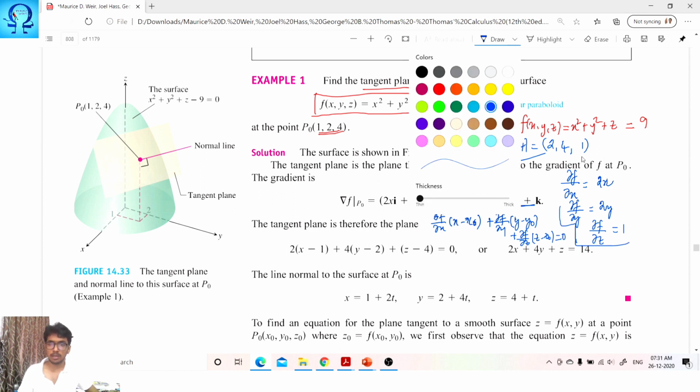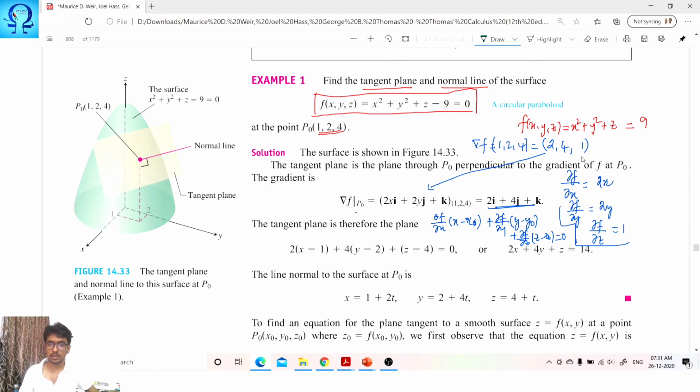So if you plug in your values into it, your del f upon del x value is 2, this is 4, and this is 1. Similarly, this value is x minus 1, this is y minus 2 and this is z minus 4.